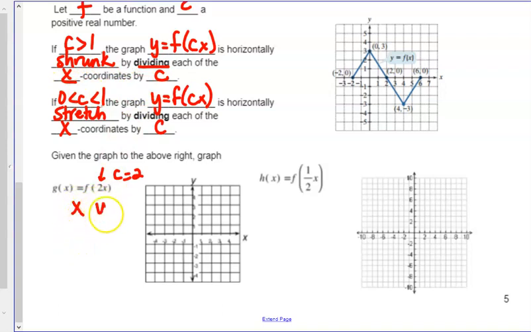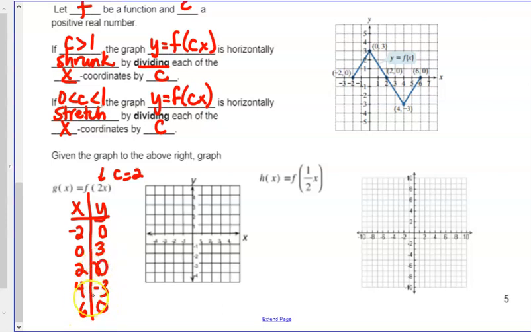So let's just do a t-table of our points. I'm just going to grab the points from over here: (-2, 0), (0, 3), (2, 0), (4, -3), and (6, 0). Those are the points just from that graph.